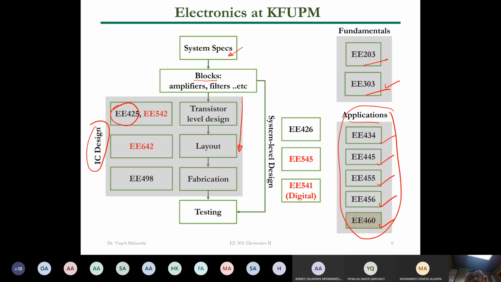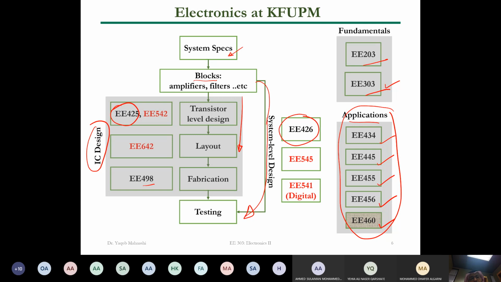It is analog integrated circuit design. And also, if you are interested in fabrication, how these semiconductors are fabricated, you can also take the fabrication course of Dr. Jonathan usually, or Dr. Firas, 498. Okay, but if you want to take your block as is, as a system level, now that's the course that you want to take, which is 426.